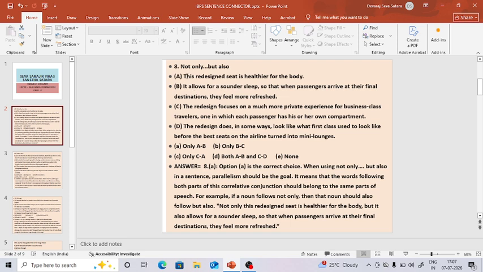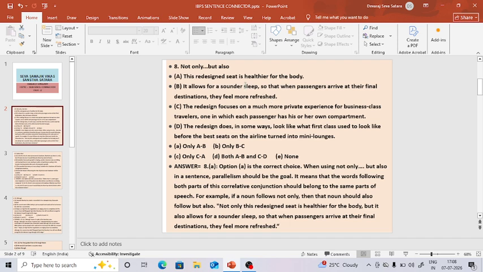If we use the connector not only but also to join sentences A and B, how can the sentence be? Not only is this redesigned seat healthier for the body, but it also allows for a sounder sleep, so that when passengers arrive at their final destination, they feel more refreshed.